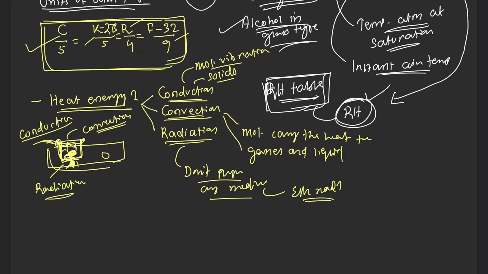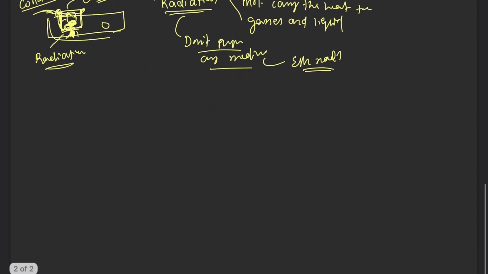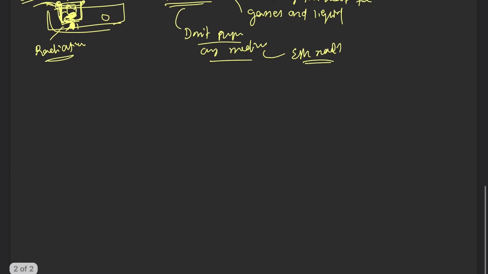So this is how heat transfer happens, right? One is due to molecular vibration, that is conduction, mainly occurring in solids. One is due to the movement of the molecule, present in gas and liquid, that is called convection. And one does not require any medium for its transfer, and is in electromagnetic waveform, and that is called radiation.